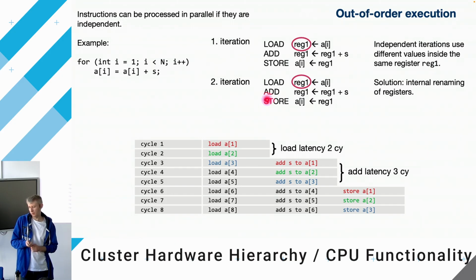And we can think about if this wouldn't be an add but a division, which takes a lot of time, multiple cycles. If this optimization wouldn't happen, then this second iteration would have to stall for a very long time, waiting for the first division. This way this load can already happen, because the CPU knows that this load doesn't have to wait for this division.